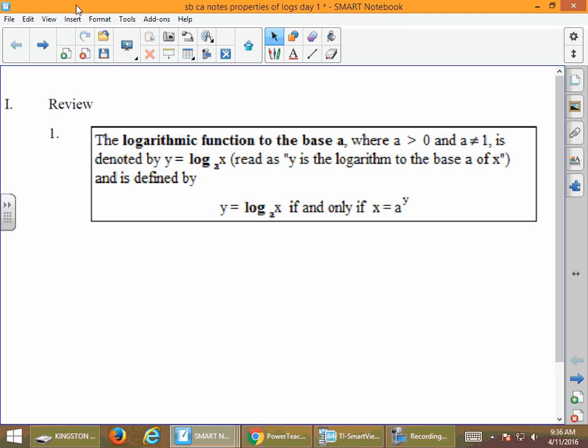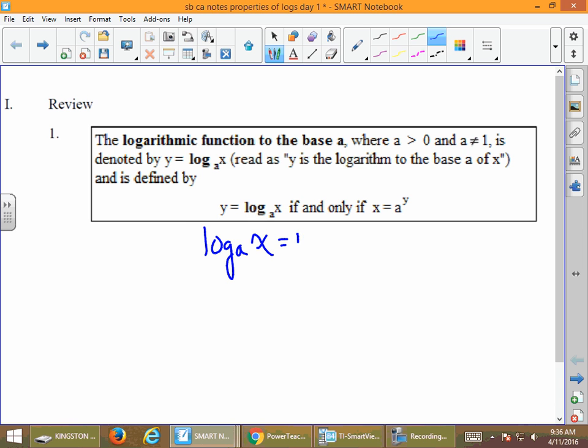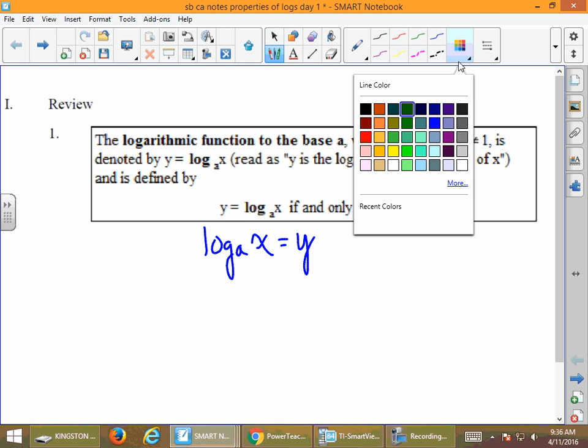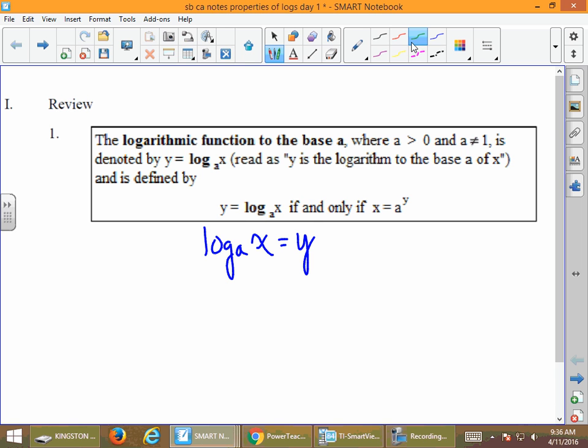So last week we were talking about the definition of a logarithm, and I just want to refresh our memory with this. With the logarithm, again, I like to write my logarithm on the left. You do not have to. But the reason that I like to do that is that it's easy for me to do what's called around the world when we want to convert this logarithm.